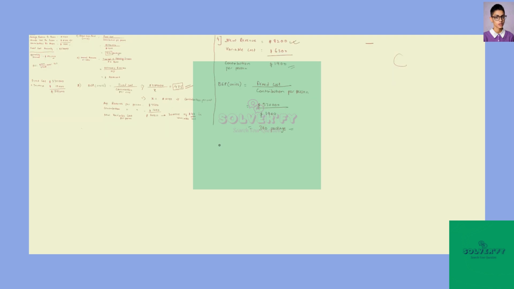Now lastly, the question is asking factors needed to be considered before increasing the price. If the company decides to increase its price per package, it has to consider several factors. The first factor is the customers. Who are our customers?